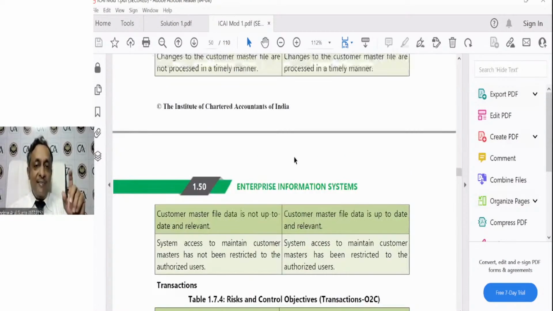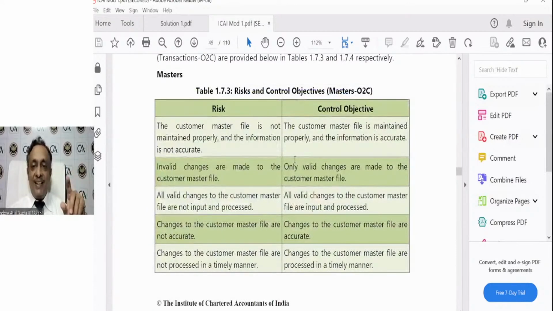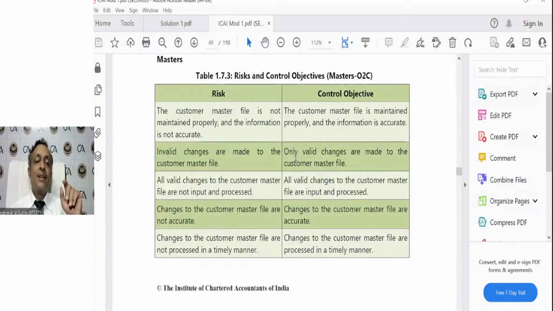So I had asked the question, I seek the answer, and then we'll go to the transaction. Yes. So, risk when customer master file is not maintained properly. Fictitious customer. No, Karthik, you cannot make a payment to customer. You are going to receive payment from customer. So there's a gap. Chance of bad debt. That is good.